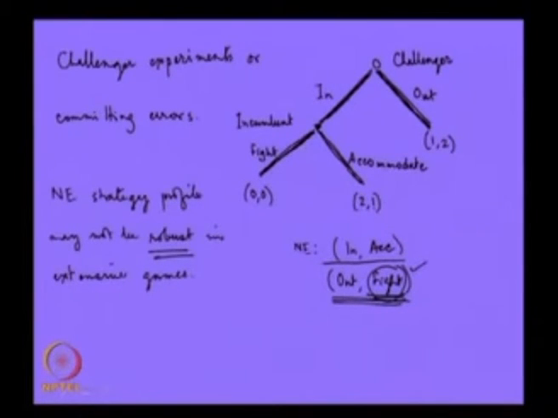Then obviously, the challenger is going to stay out, because he knows that if he gets in, the incumbent has a binding agreement that he will fight, and given that, it is better to stay out.